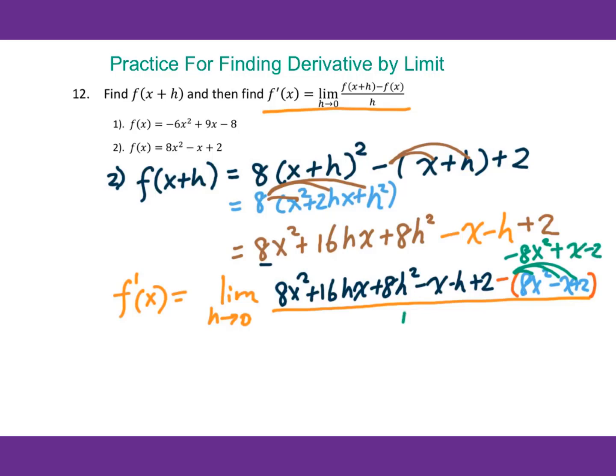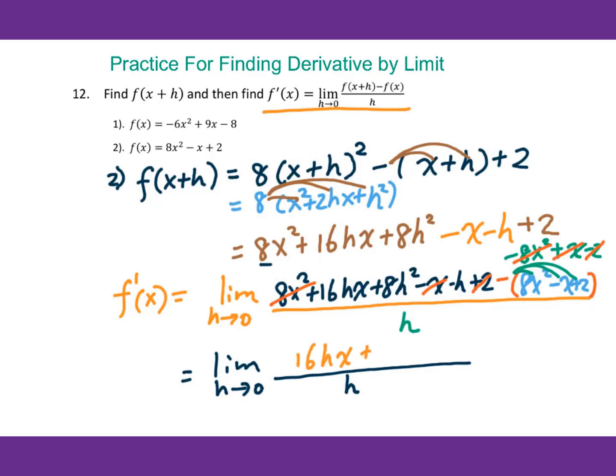Then over this h. Remember, everything in these parentheses will be cancelled out. Negative 2, positive 2, positive x, negative x. Negative 8x squared, positive 8x squared. Therefore, we got limit as h approaches 0, denominator is h. Top, we got 16hx plus 8h squared minus h.